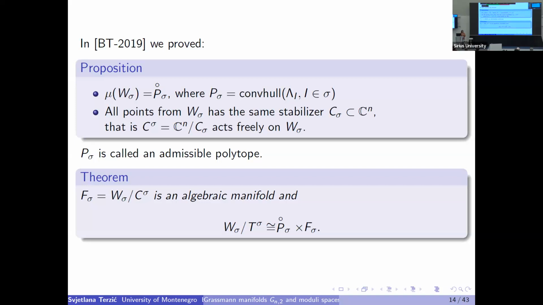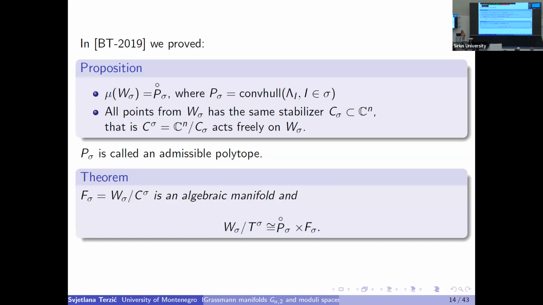So W_sigma is defined by the points from G_{n,2} whose non-zero Plücker coordinates are indexed by sigma, and this stratum maps to the interior of the polytope, which is the convex hull of the vertices of the hypersimplex Delta_{n,2} which are indexed by sigma as well.